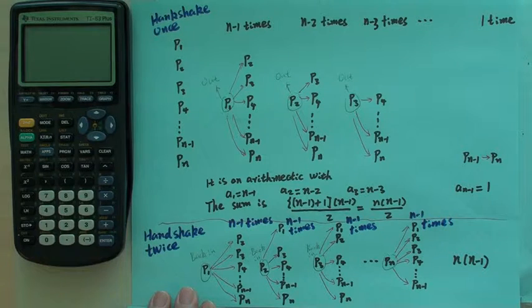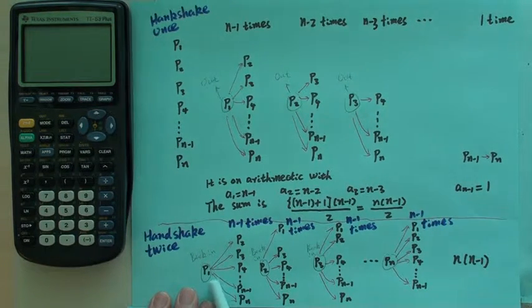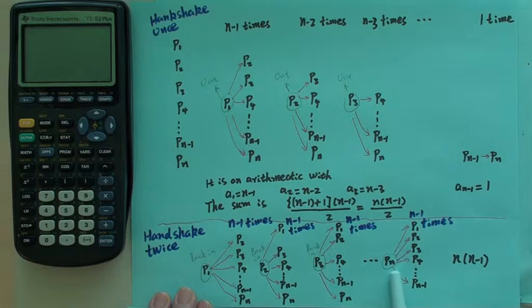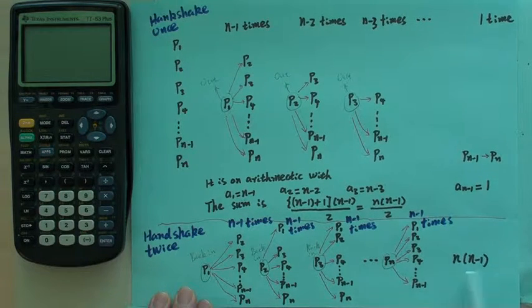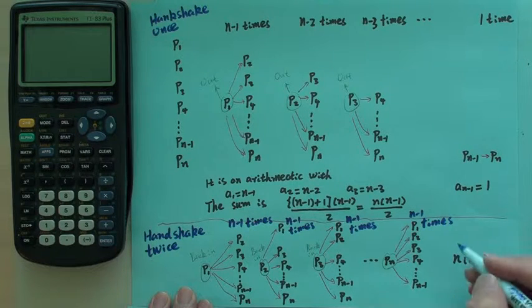Then n-1 times, repeated how many times? From the first person P1, P2, P3, until Pn. So n-1 repeated n times, so it's n times n-1 right here.